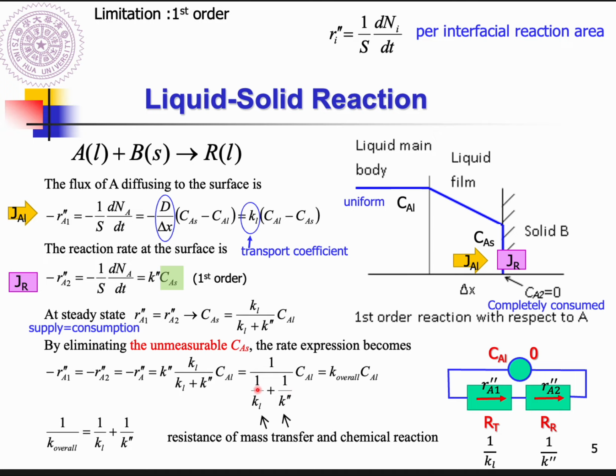And this is quite similar to the electrical circuit one, because for the electrical circuit flux, you have a driving force, right? So the driving force is C_AL, because for this example the driving force is actually the concentration difference, C_AL minus 0.